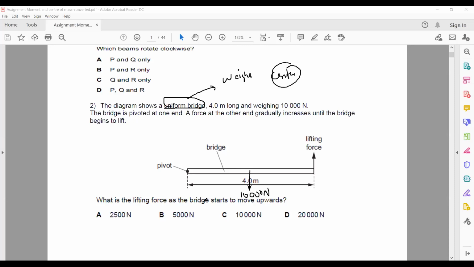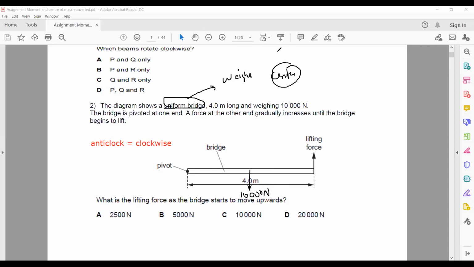What is the lifting force on the bridge? How much force is required to lift? Whenever you are solving these types of questions, you have to consider that the clockwise moment is equal to the anti-clockwise moment, or you have to consider that it is in equilibrium. Which direction will the weight cause a moment?